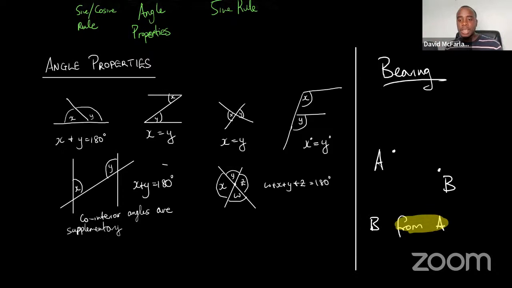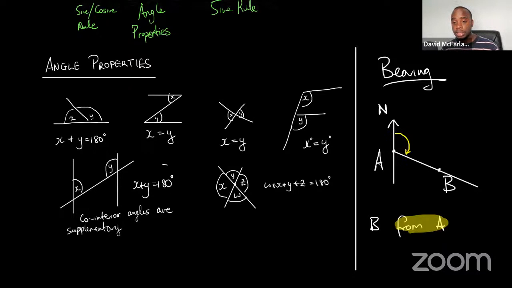So that means I'm going to put my north line at A, because remember, it's clockwise from the north. And then I am going to measure the angle clockwise, as we said. So here it would be this angle, in yellow.